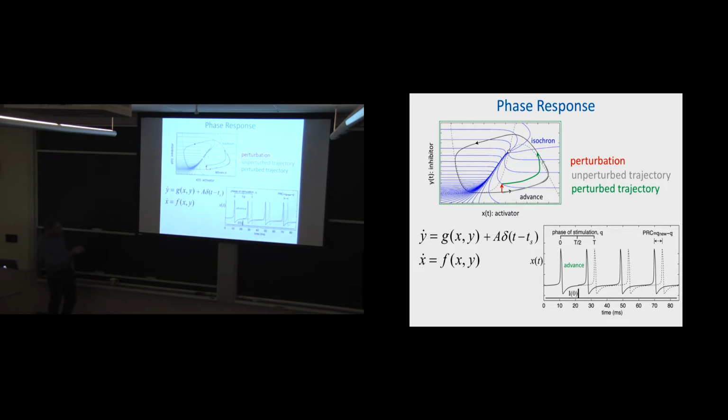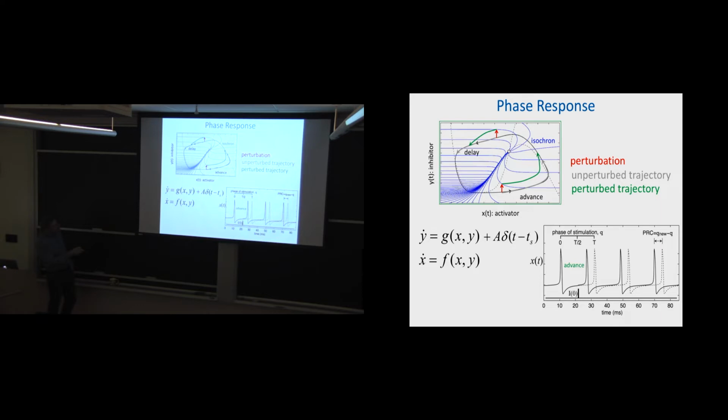I gave it a little perturbation, a little bit of light that increased the inhibitor, and if I had given nothing, it would have oscillated along these dashed lines, but it advanced a little bit because I exposed it to light at this moment. If I gave it the same amount of light up on this part, now it moves back half an isochron.